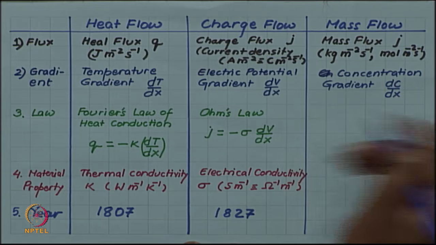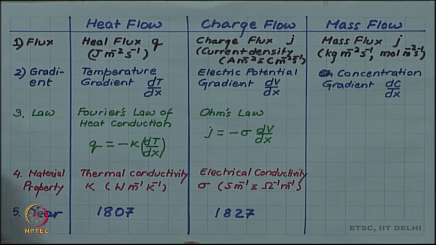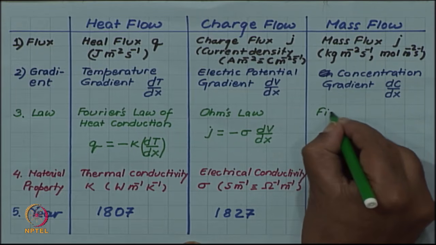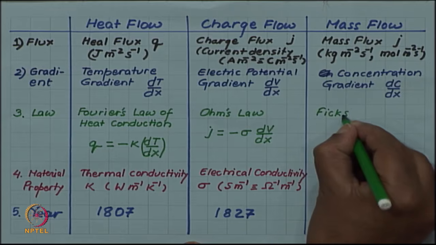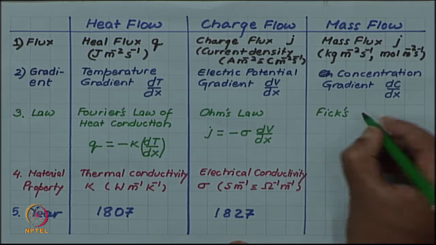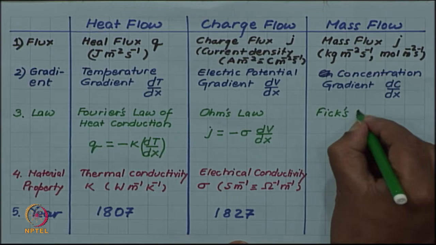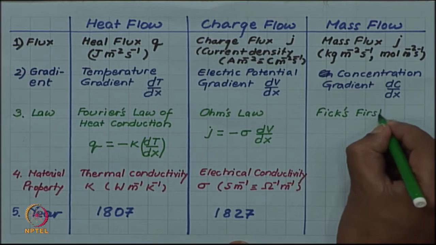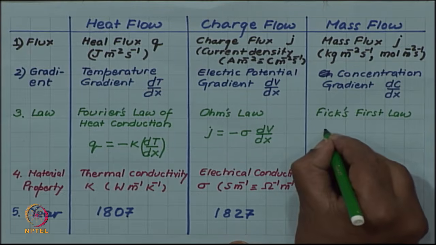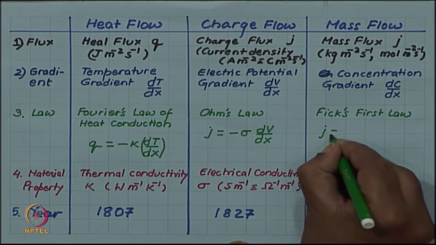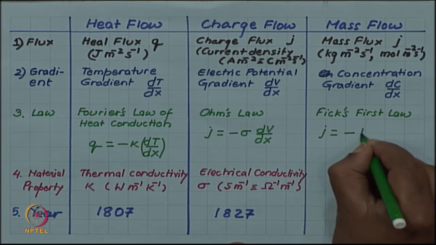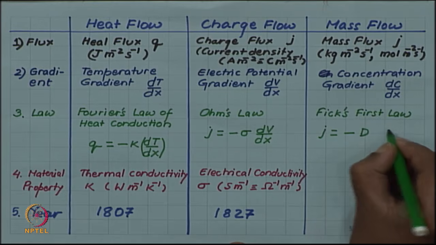And Fick, just by analogy, so this is a demonstration of the power of analogy and the success of analogy in science. Just by analogy he could write Fick's first law, that the mass flux should be proportional to the concentration gradient. The proportionality constant he called D.